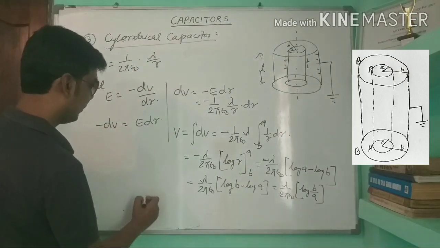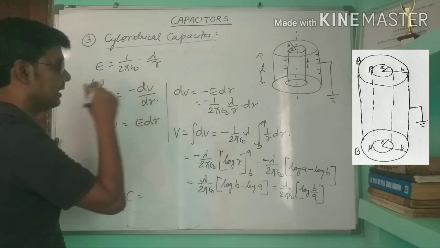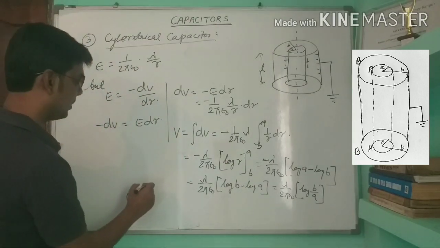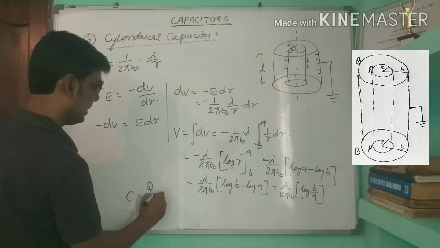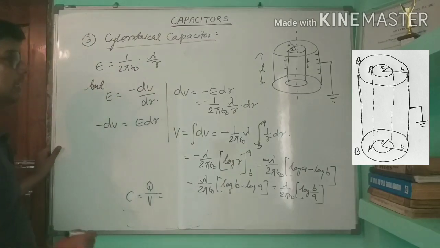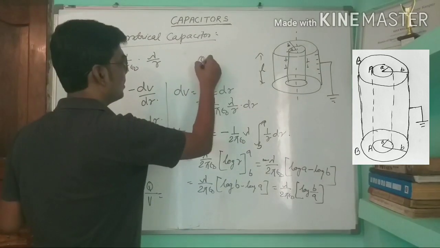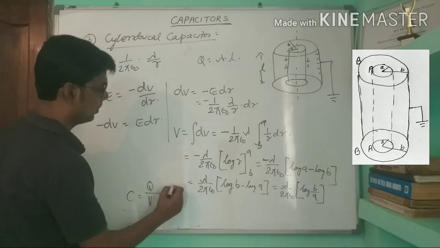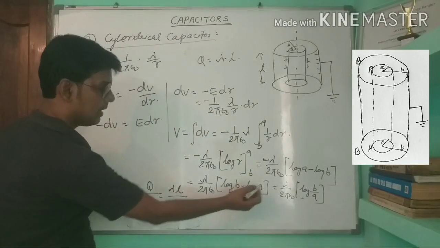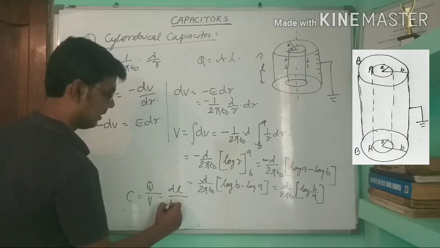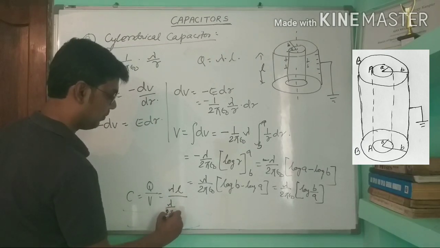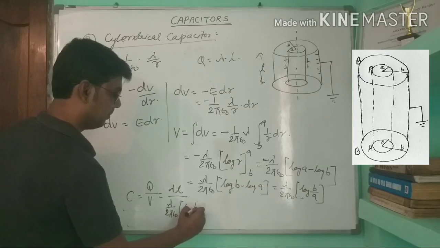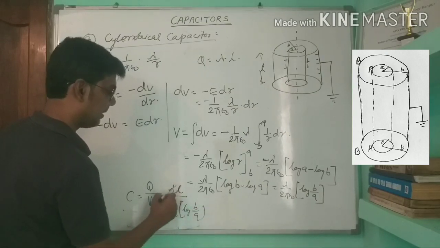So finally, the capacitance for this cylindrical capacitor is how much? Q by V. Here Q is lambda into L. So C equal to lambda into L by lambda by 2 pi epsilon 0 log B by A. This lambda cancels.